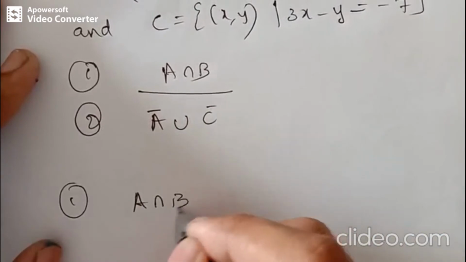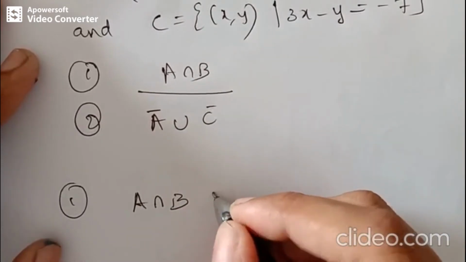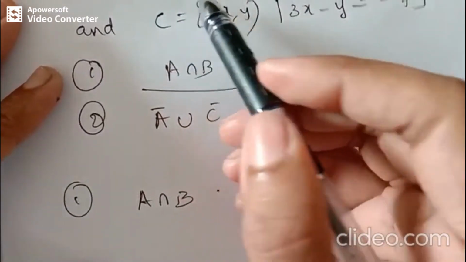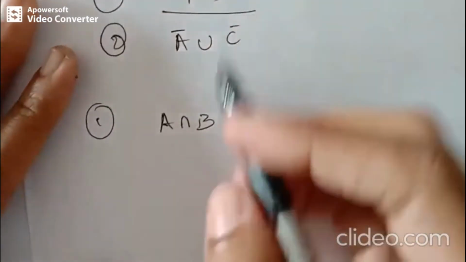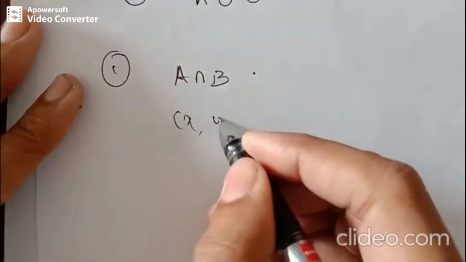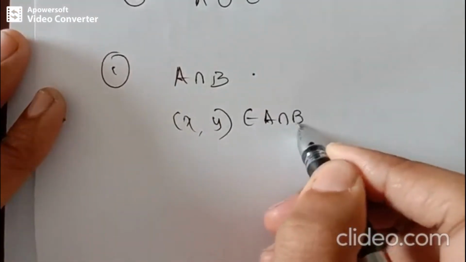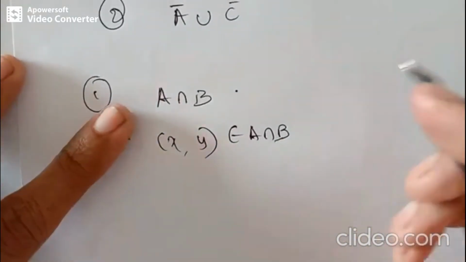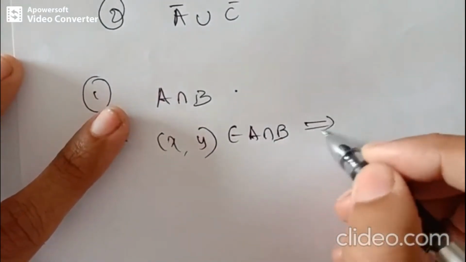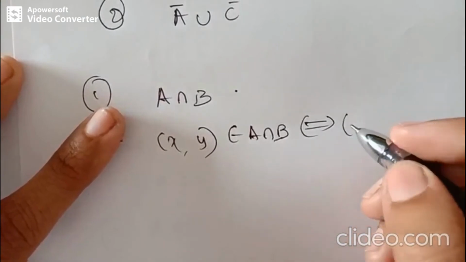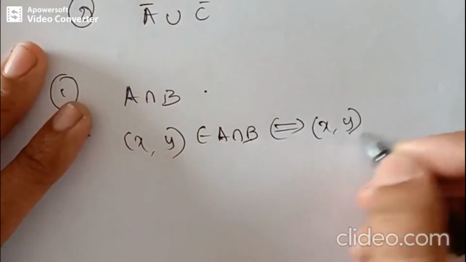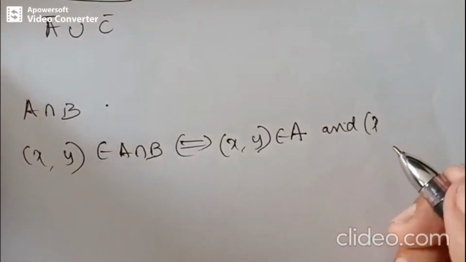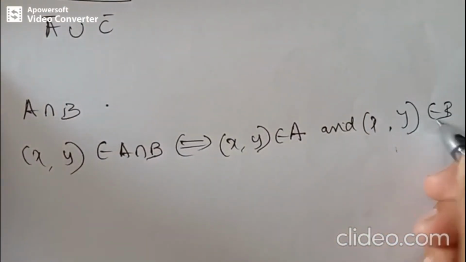Okay, so let's find out the first one. What is A intersection B? Since each of them is a set of ordered pairs, we can say that x, y belongs to A intersection B. So any ordered pair that we take belongs to this one. And this is logically equivalent to saying the ordered pair x, y belongs to A and the ordered pair x, y belongs to B, right?